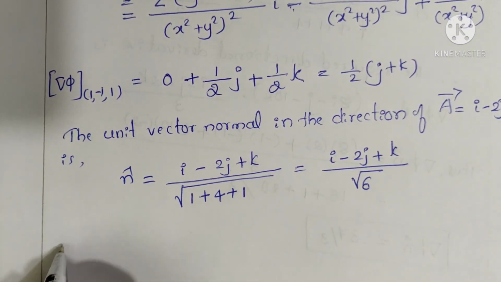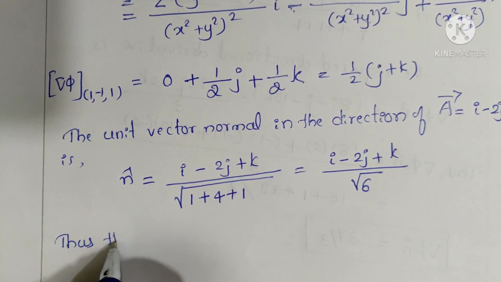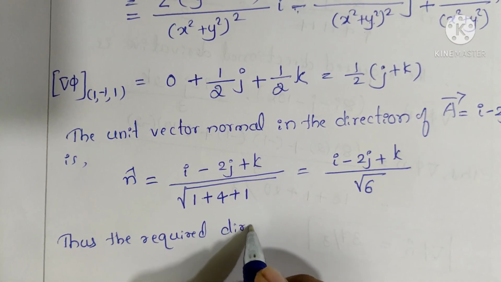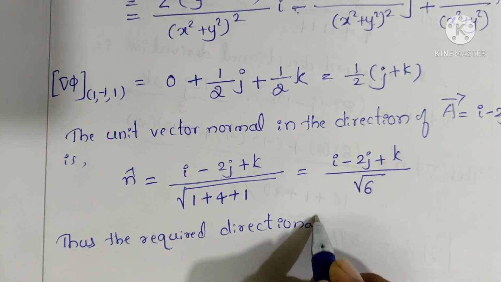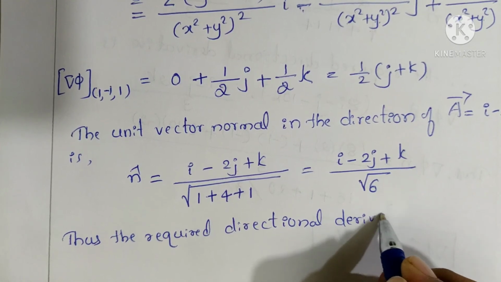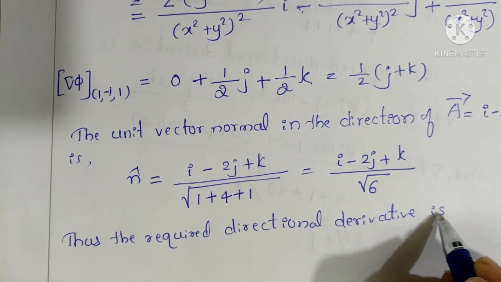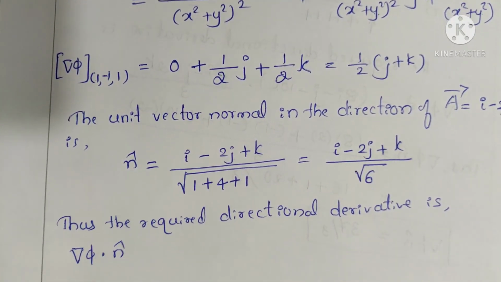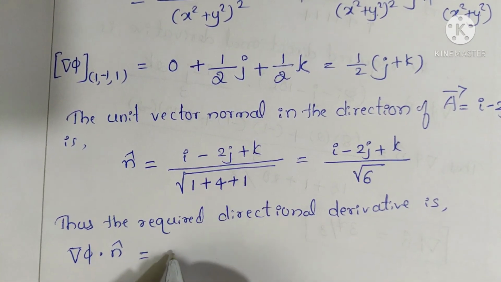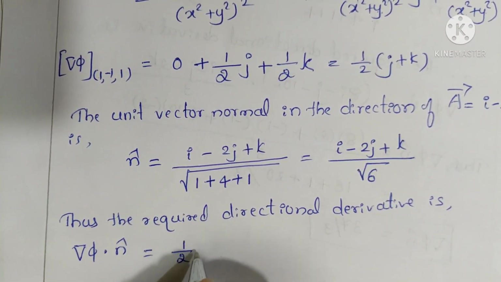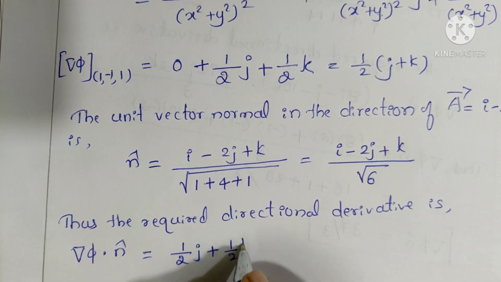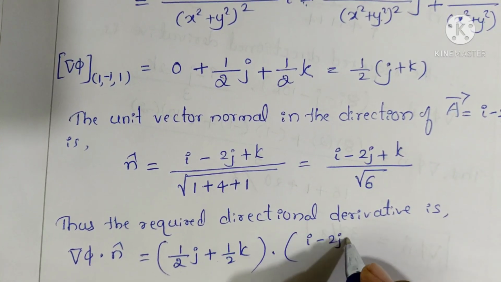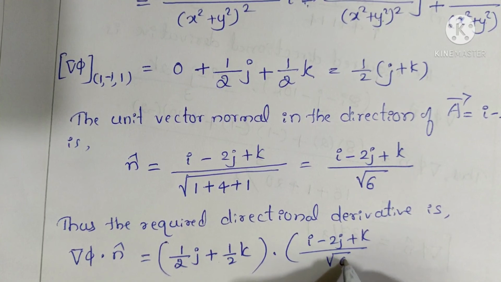Now, thus the required directional derivative is, what is the formula? It is del phi dot product n cap. So this is equal to del phi, which is 1 by 2 j plus 1 by 2 k, dot n cap, I minus 2j plus k divided by root 6.